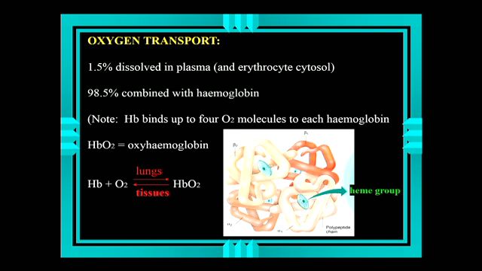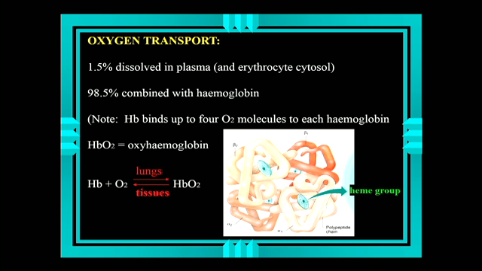We're going to speak about oxygen and carbon dioxide, so we'll start with oxygen because in some ways it's fairly straightforward in terms of how we transport it, but there's a big degree of complexity that we'll deal with in a moment.